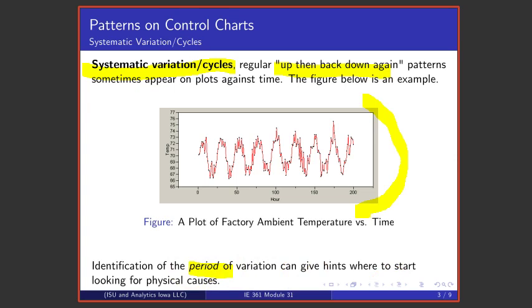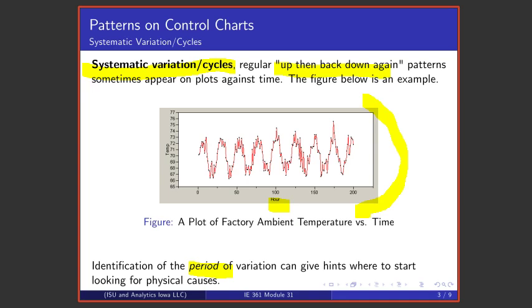This is a particularly simple context where, if this is hours, those up-then-back-down cycles happen every 24 hours. And what's going on potentially is simply diurnal changes in ambient temperature.